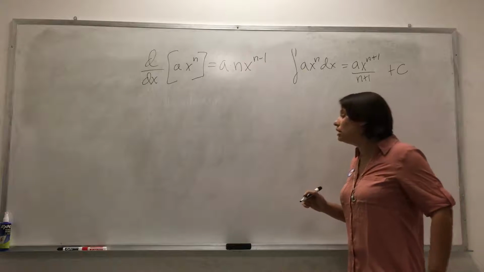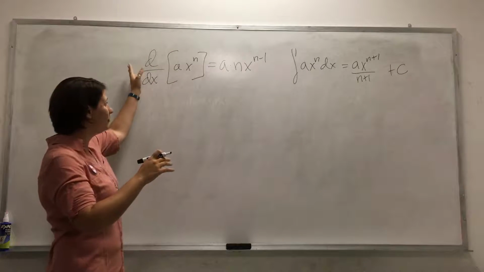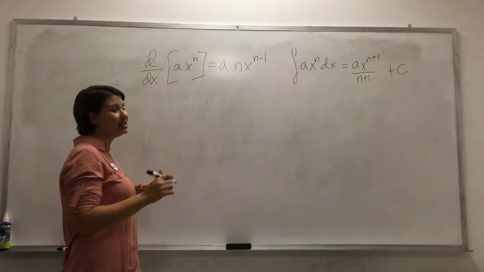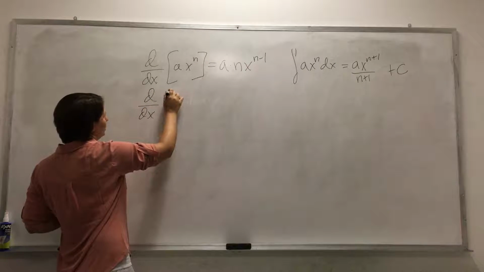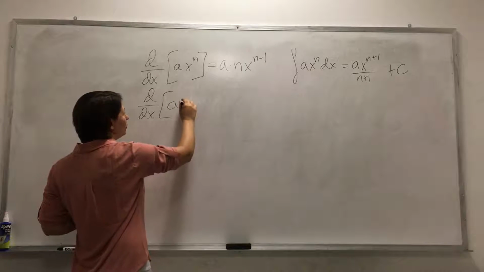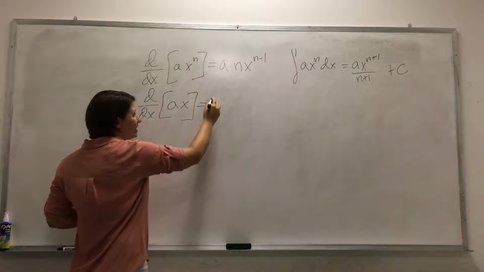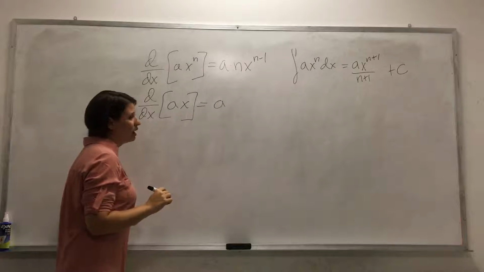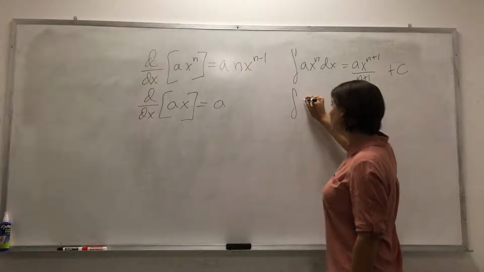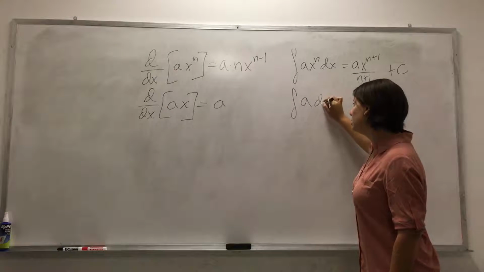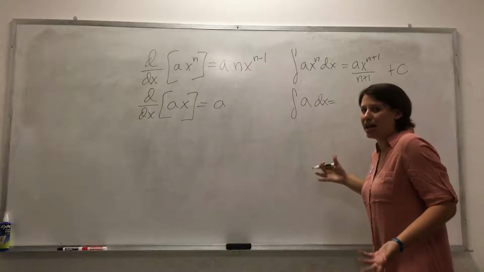So, the next one is kind of a variation of this. It's the more basic version if we just had a coefficient with just an x. The derivative of ax is just a, okay? We specifically mention this because we have the integral of just a constant. Well, it has to kind of get its x back, okay?